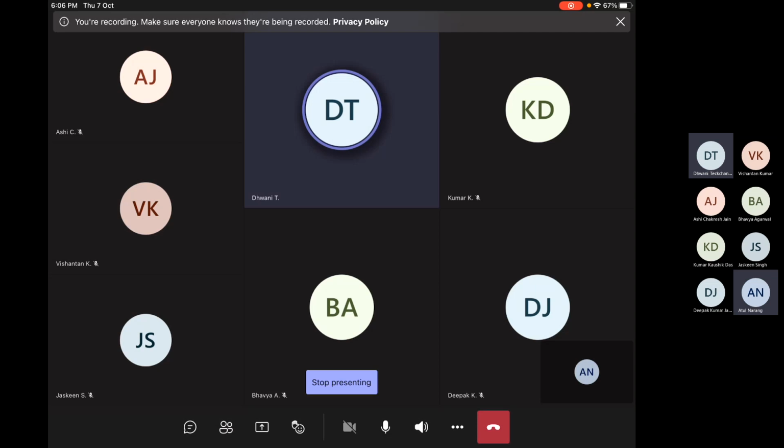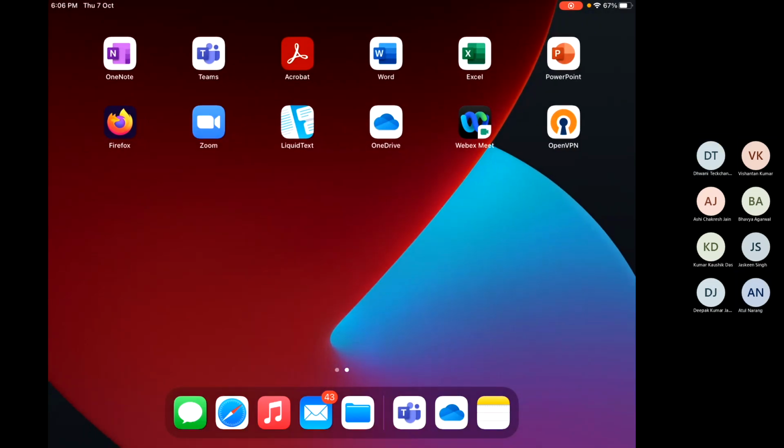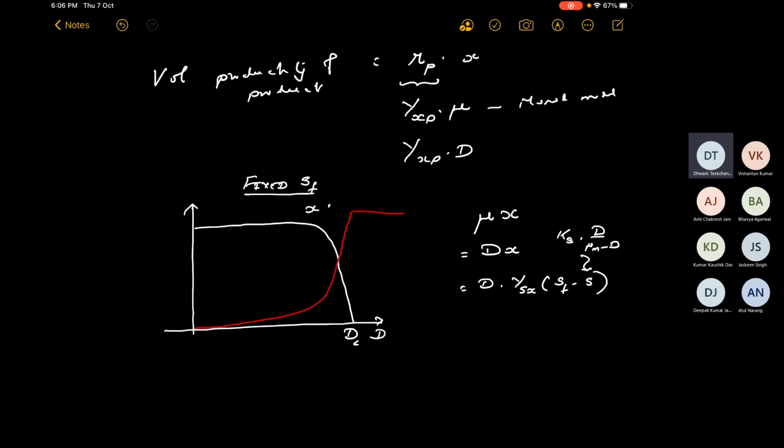But why? Are you asking mathematically or in a biological sense? Physically. Just tell me, what is the value of DX? Here's a straightforward one: when D goes to zero, what is the value of DX?